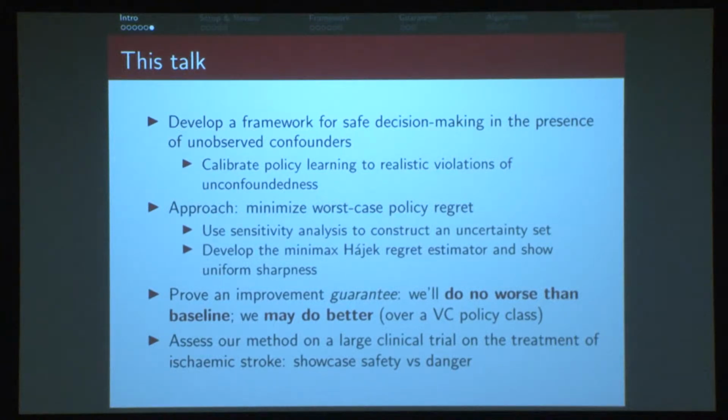But this essentially underlies the appeal of this method: how you can have reliable policy learning from observational data. You have a guarantee that you're not going to introduce harm. And I'm going to showcase the safety of this method versus the danger of assuming unconfoundedness when it doesn't hold in a particular example for the treatment of ischemic stroke. And that's where I'm going to end.